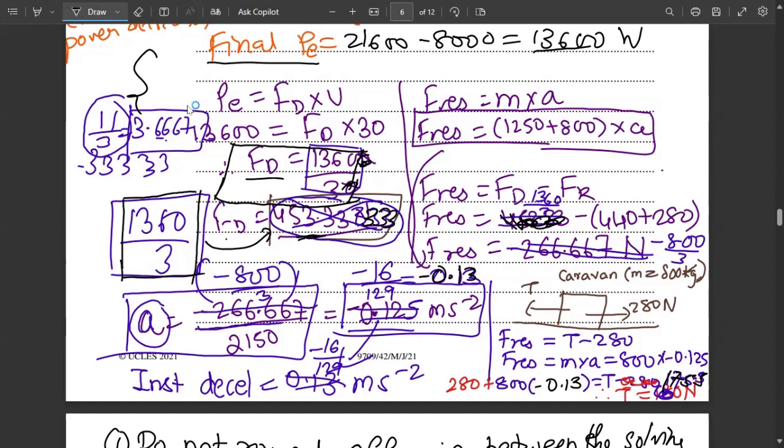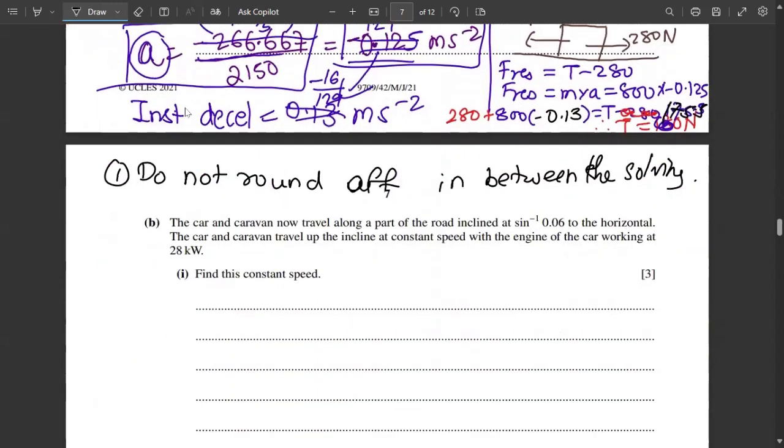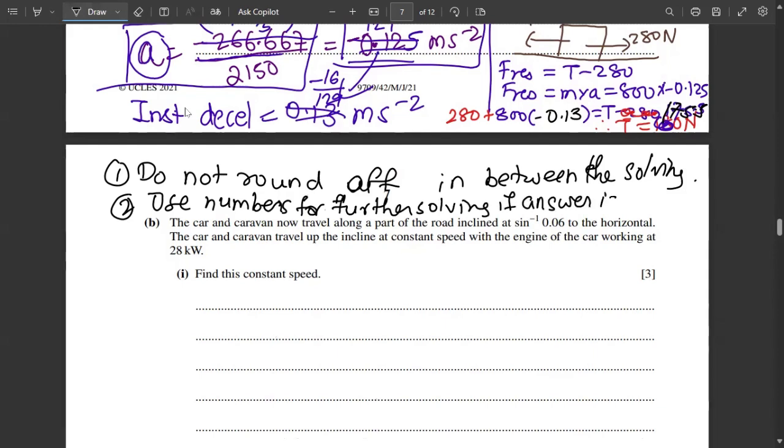Now, coming next, the second rule is use integers or fractions for further solving, unless the answer is asked.